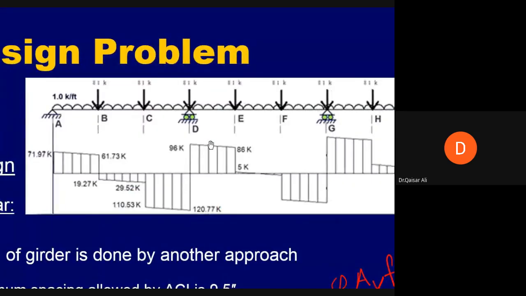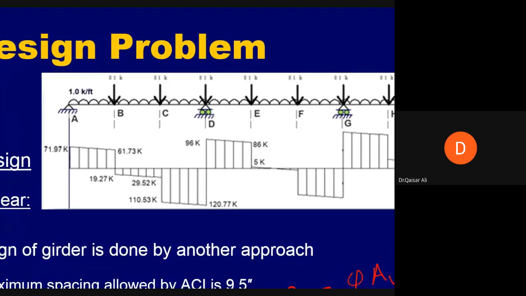It will become very difficult to calculate the spacing of stirrups for each and every location, and practically it will be almost impossible to provide stirrups with so much variation in spacing in this one girder. If we keep on changing the stirrup spacing for every shear, it will become very difficult.